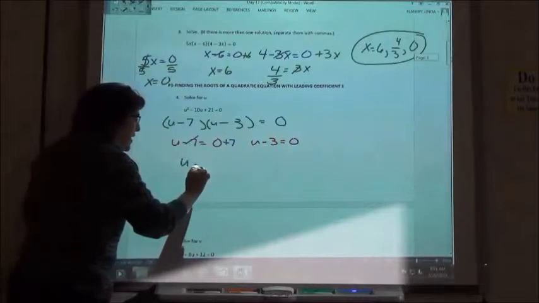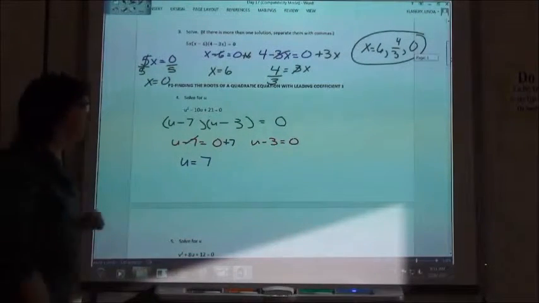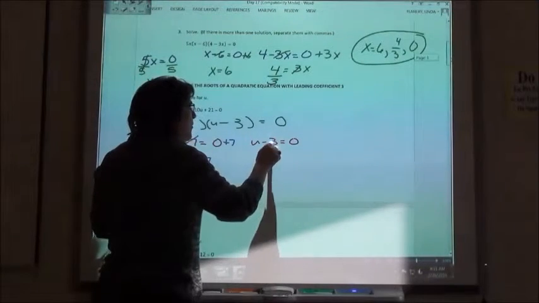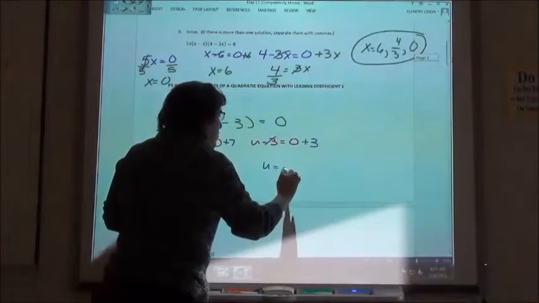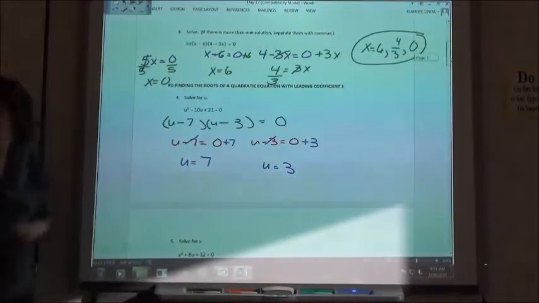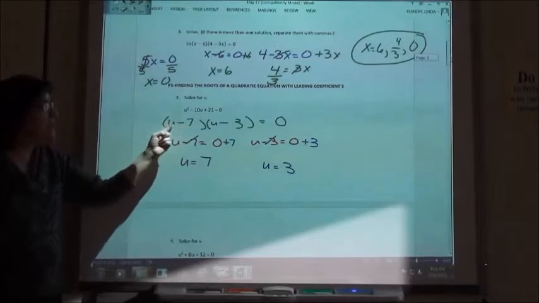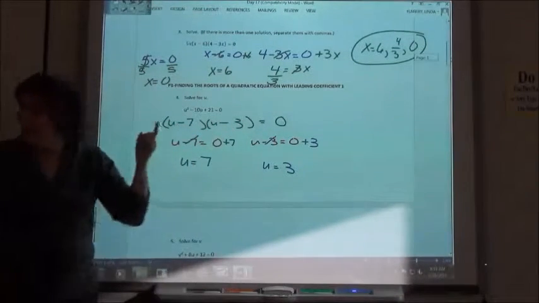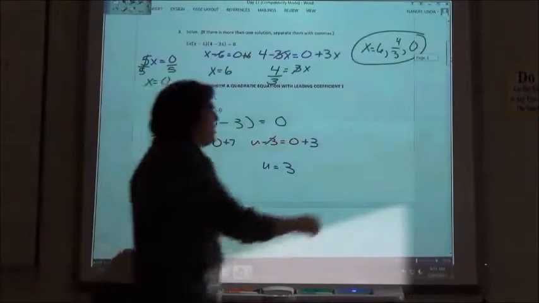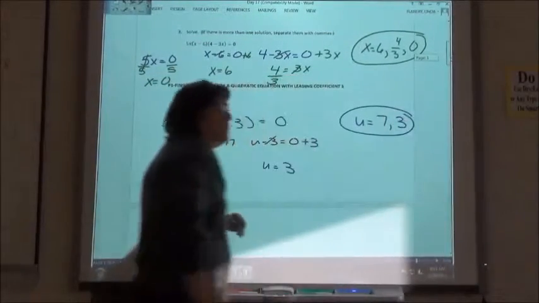So u is equal to 7, right? Here I'm going to move my 3 over, make it positive 3. U equals 3. So if I put 7 in here, that makes this 0. If I put 3 in here, that makes that 0. That's what I'm trying to do. So u either equals 7 or 3 for my two answers.